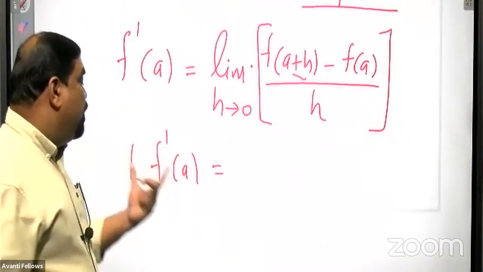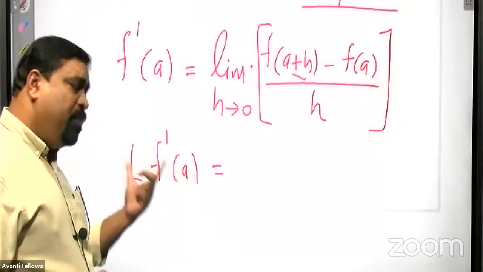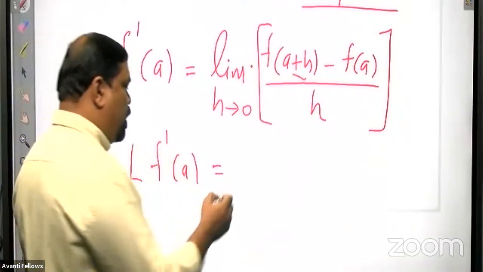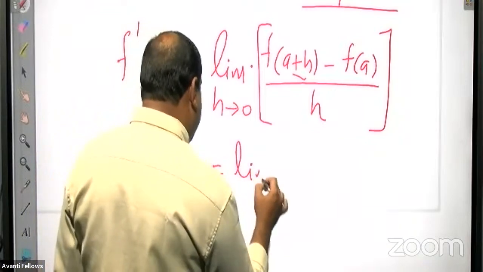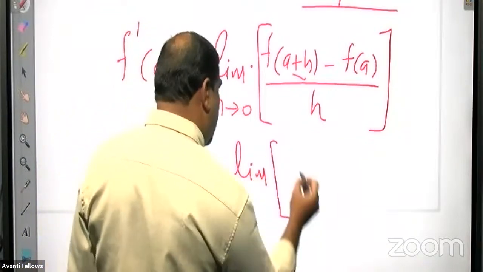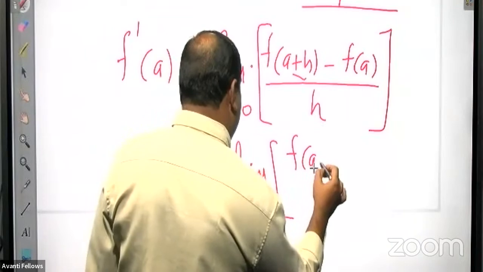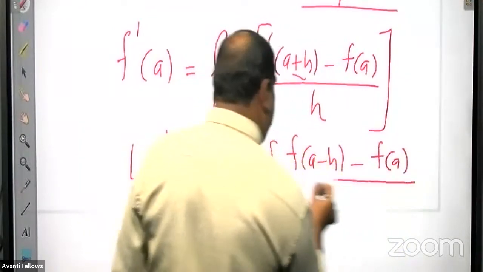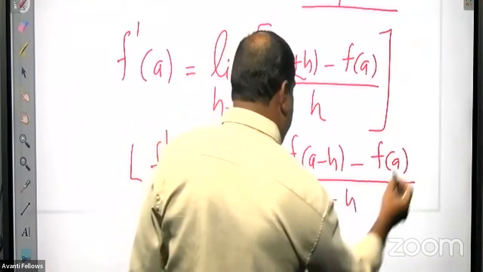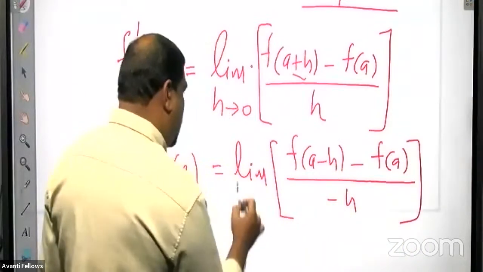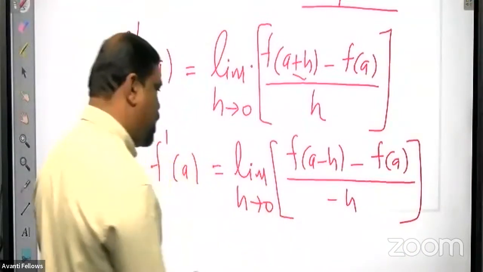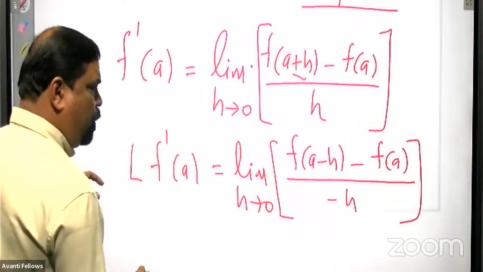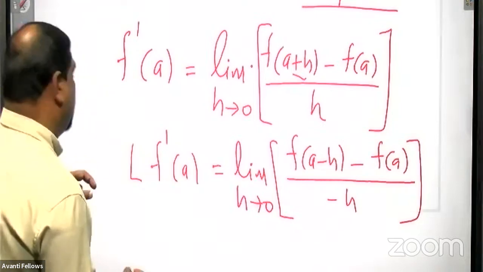The left-hand derivative of the function at the point a, we write L f dash a, and that is defined as the limit of f of a minus h minus f of a divided by minus h, as h tends to 0. Here h is approaching 0 from the left side of 0.